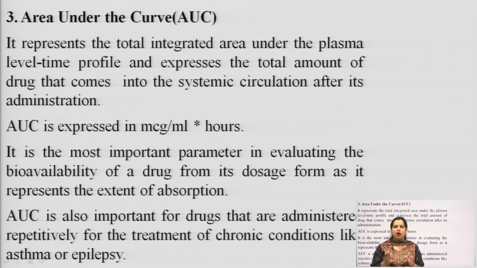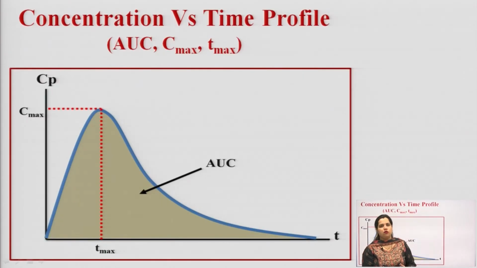So, through these parameters we can analyze the drug's bioavailability and its absorption pattern. AUC is also important for drugs that are administered repetitively for the treatment of chronic conditions like asthma and epilepsy. So, it is useful not only for single doses, but for multiple doses as well.